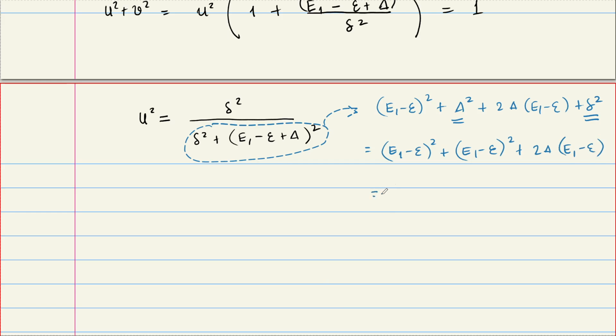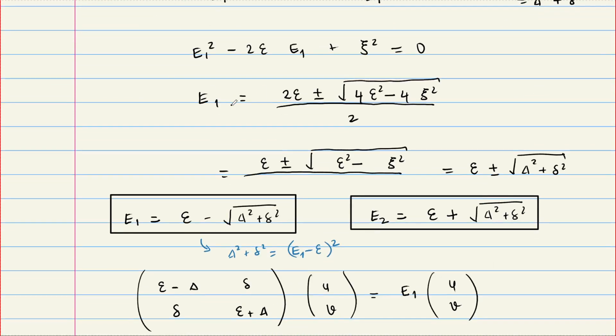Good. Then I can take E1 minus epsilon in parentheses. So this is going to be 2 times E1 minus epsilon, plus 2 delta. Now I put this for U. Also, what is delta squared?